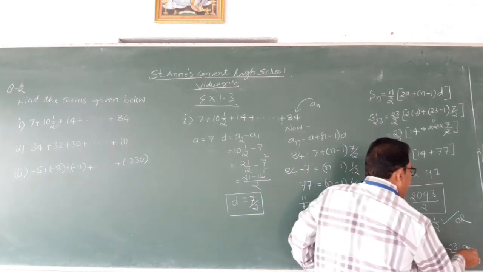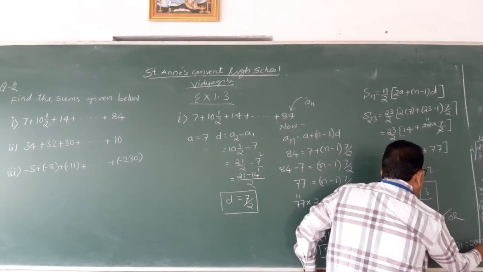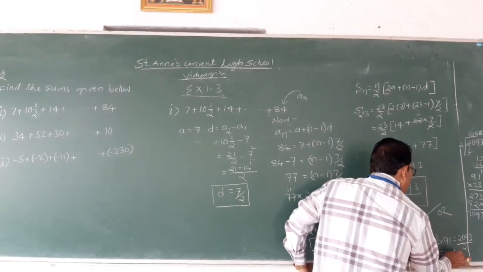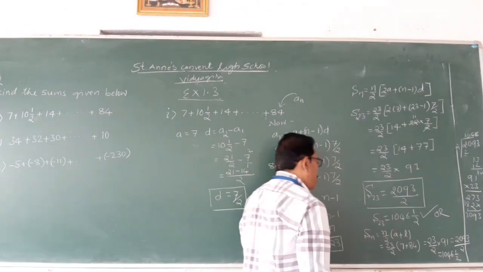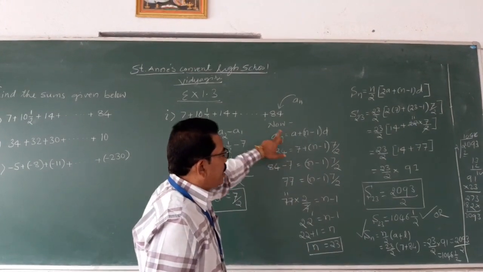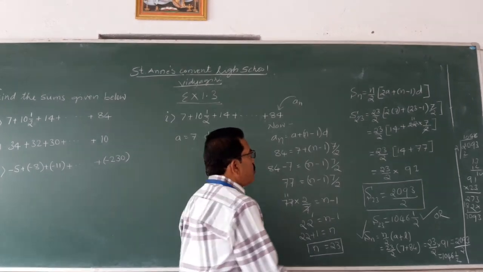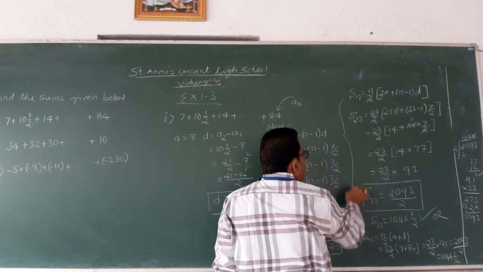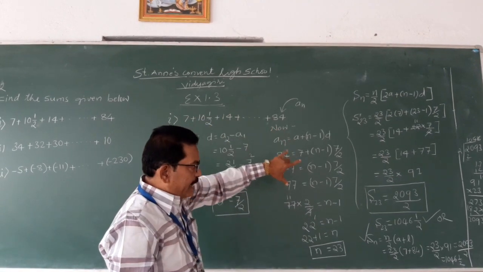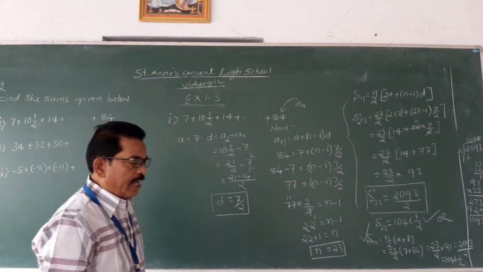We will get a similar answer, that is 2093 by 2 or 1046 integer 1 by 2. This is also an easy one when the last term is given, that is Sn equals n by 2 into a plus l. You can also use this formula. If you have the perfectness in keeping the formula intact, you have to use this one: Sn equals n by 2 into a plus l.